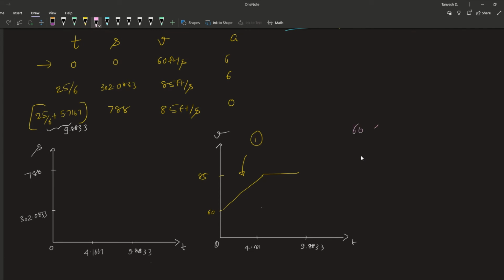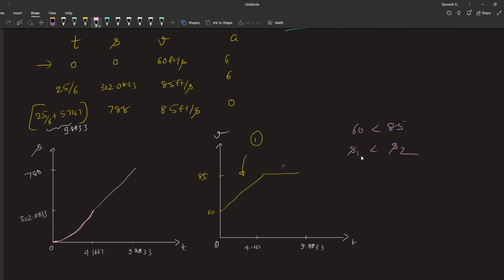So 60 is less than 85, right? So the slope at point 1 will be less than slope at point 2. So this point and this point, it means that it is an inward parabola. Okay, inward parabola, and then after that we have a straight line till 788.